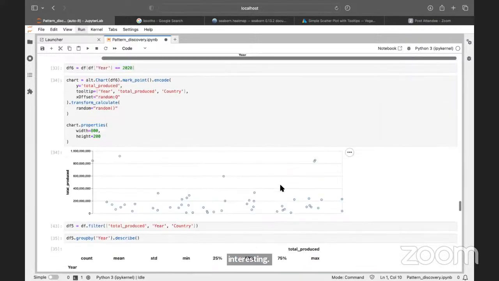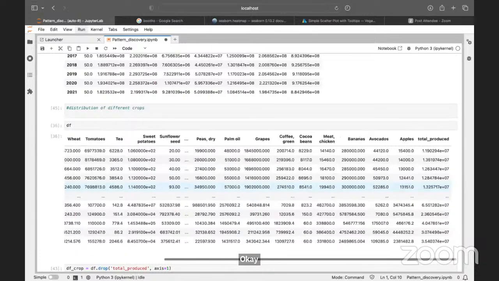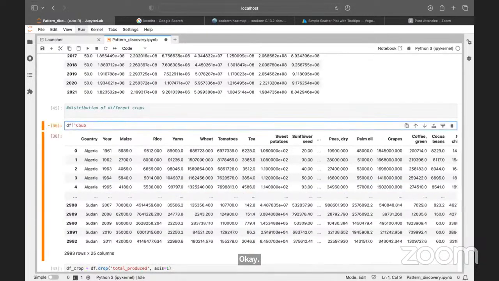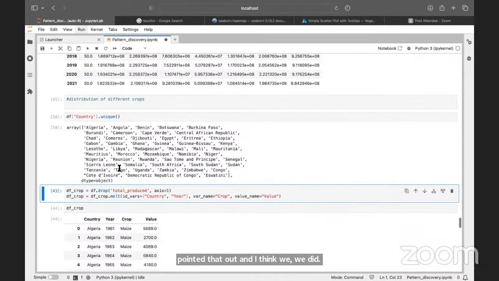Okay, I thought we did. I remember someone pointed that out, and I think we did. Okay, so we have Reunion. We still have Reunion here.